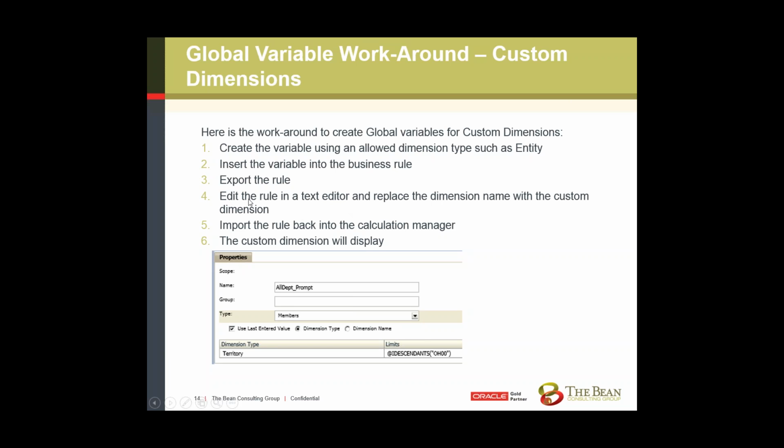Once you export that XML file, you open it up in a text editor and replace the dimension name with the custom dimension name that you want that variable to reference. Then you import the rule back into Calc Manager, and the variable for that custom dimension is available. So it's a fairly straightforward workaround in order to get a global variable that references a custom or generic dimension.